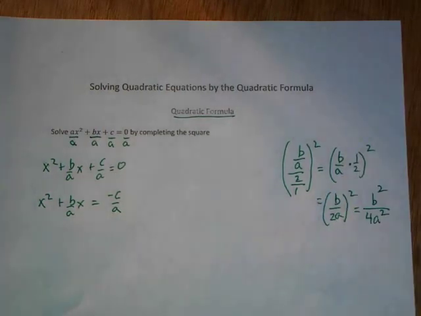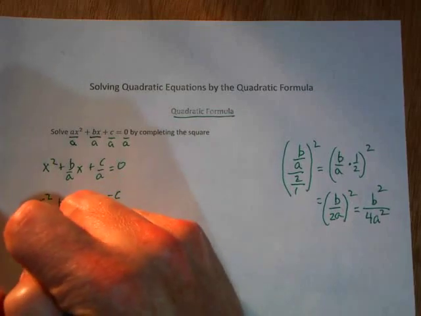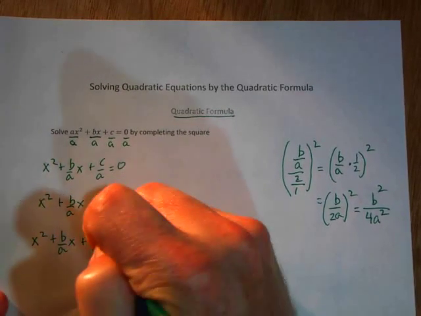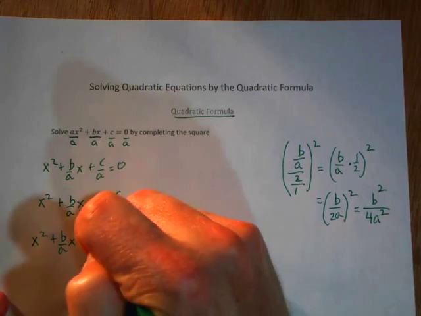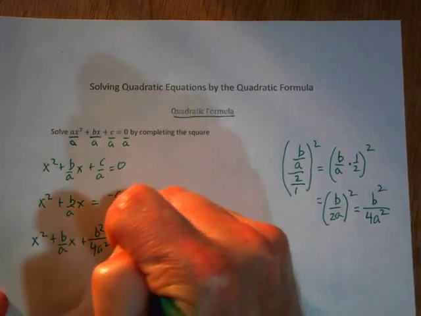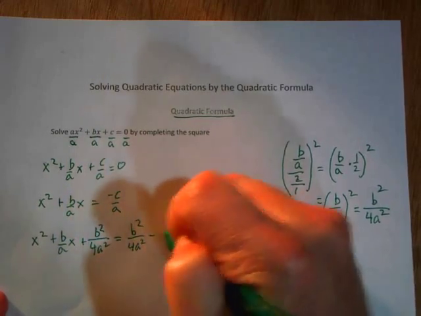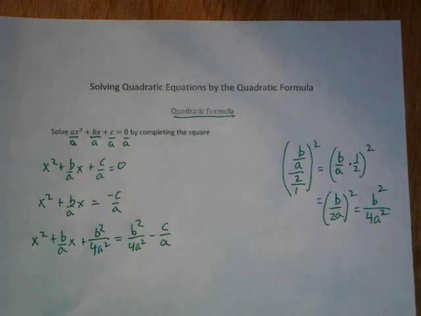So there's my magic number, if you will. Lots of letters in it. Alright, so we add that to both sides. X squared plus b over a x plus b squared over 4a squared equals b squared over 4a squared minus c over a.